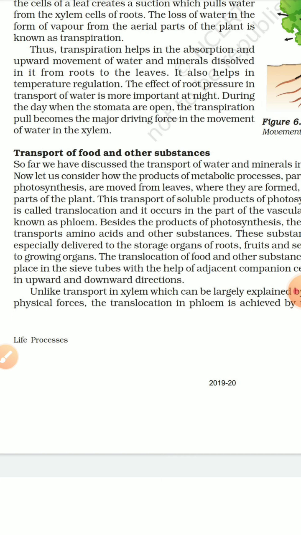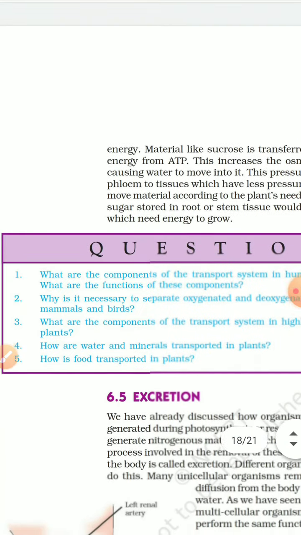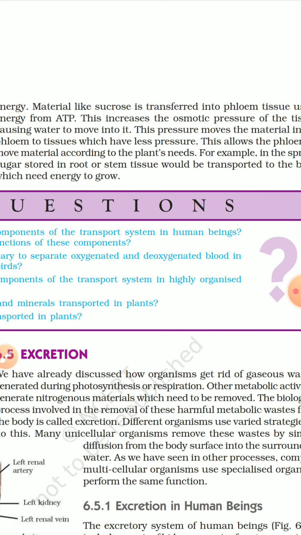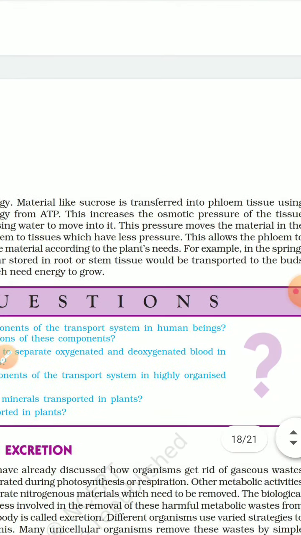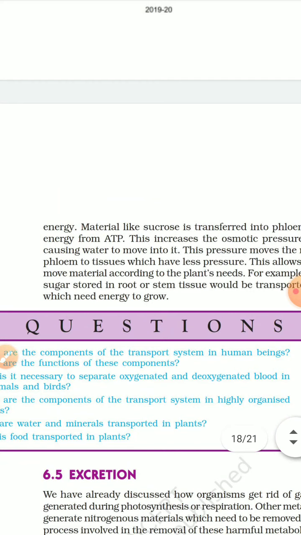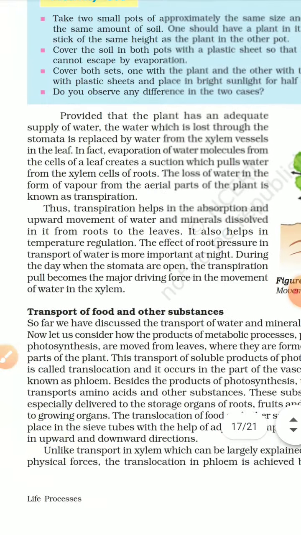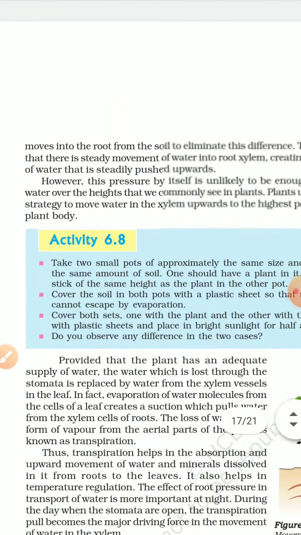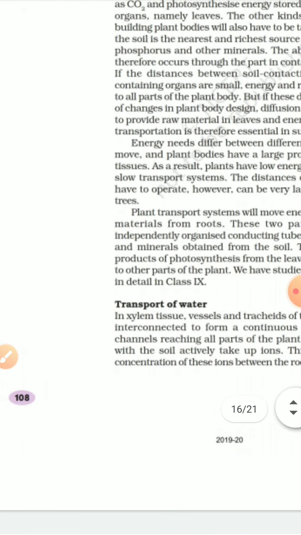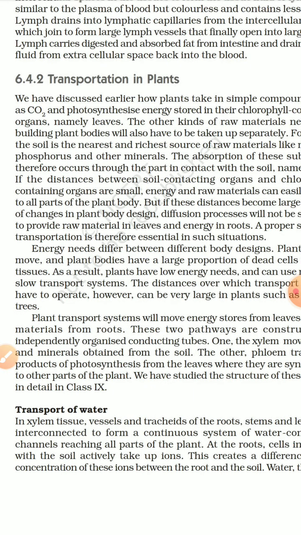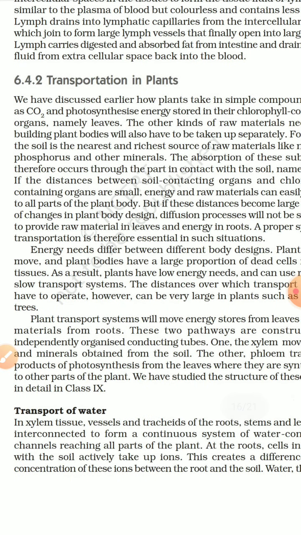So xylem and phloem take part in the transportation of food material. The process behind that involves osmotic pressure, and high pressure increases due to transpiration, which increases the absorption of water through the roots up to the top of the leaves. So a big mechanism is there that will be discussed later.